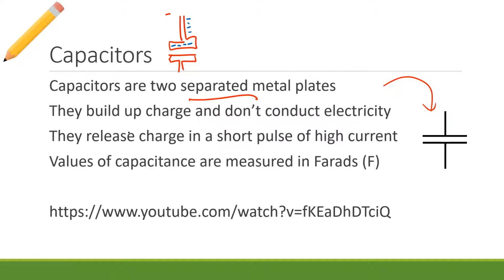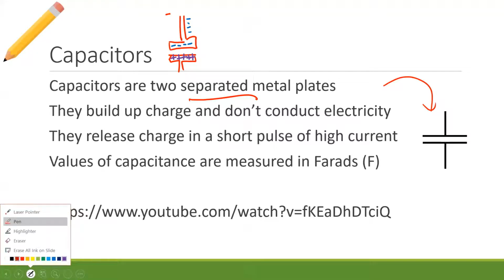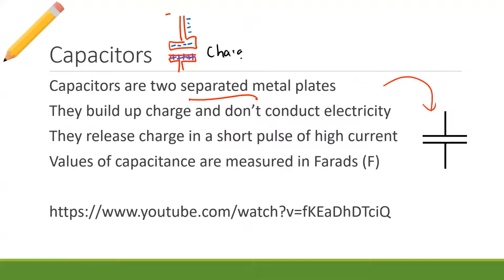Now that negative charge can't conduct, because it's not connected to the other side of the wire. But even though it's not connected, you can end up with a buildup of charge. You could end up with a lot of positive charge on this part of the wire. One way you could think about this is to call it a charge bank.